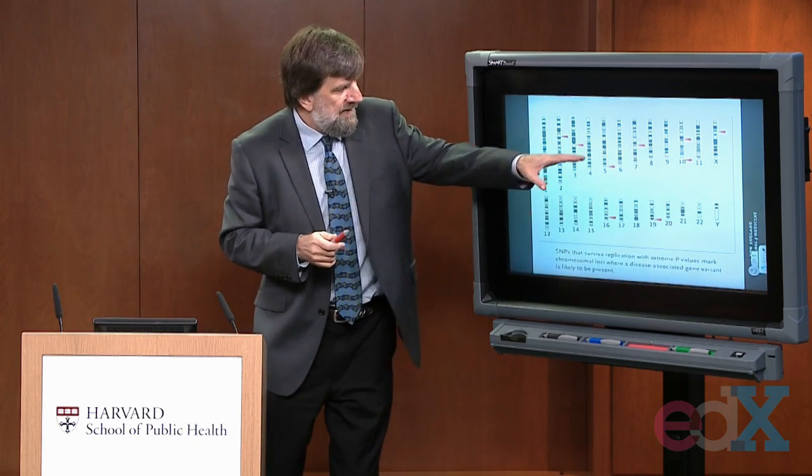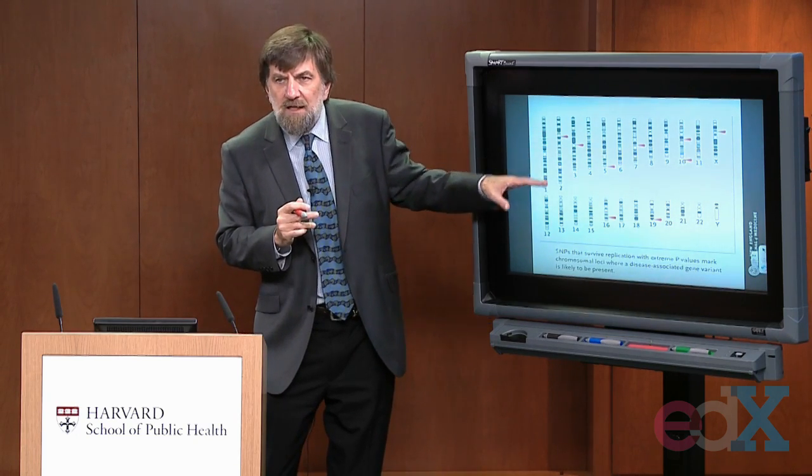So these then are the markers in the genome where we think that there's a variant that is causally associated with the disease. Again, it could be a risk factor, it could be a protective factor, and then we basically go and look in those areas, what genes are in those areas.